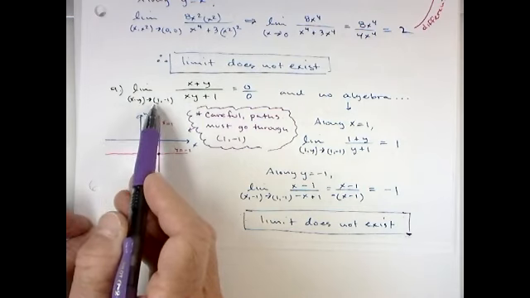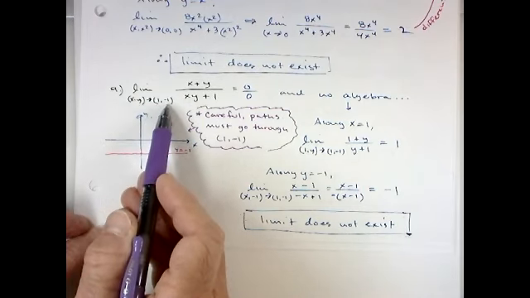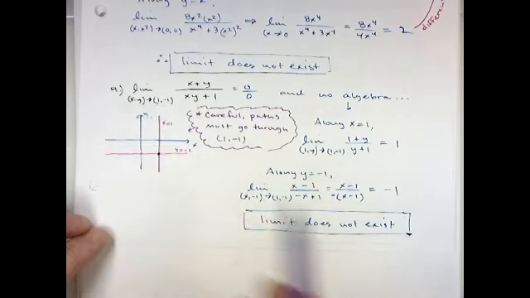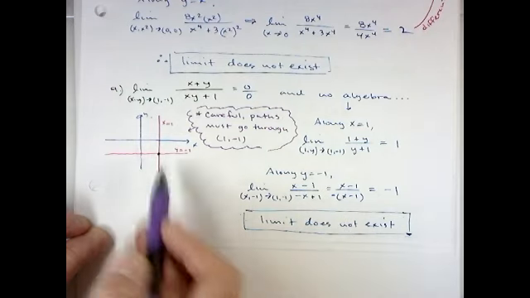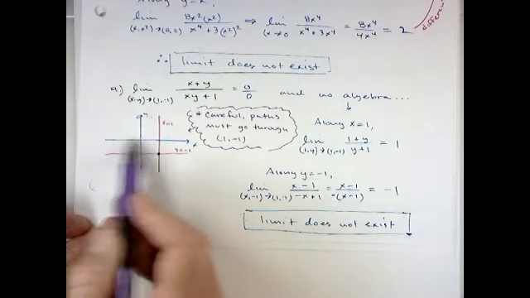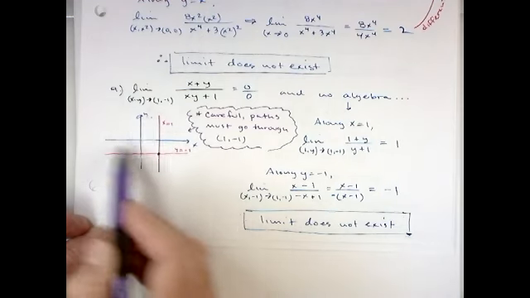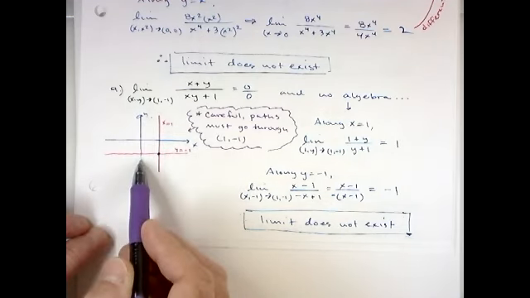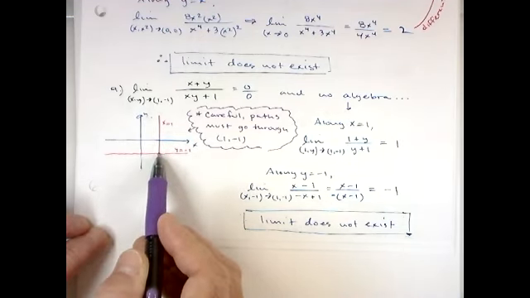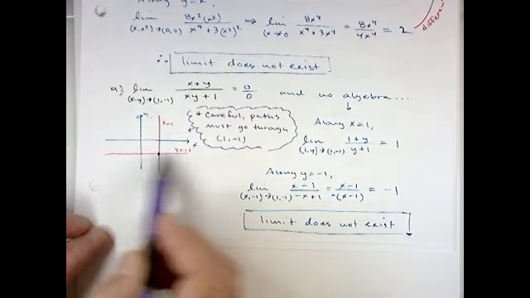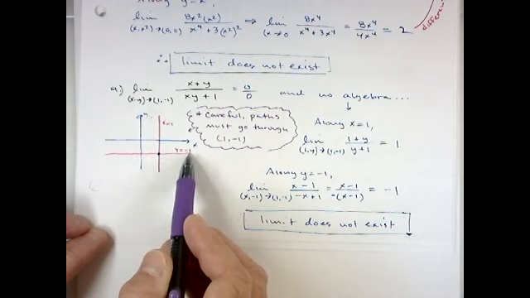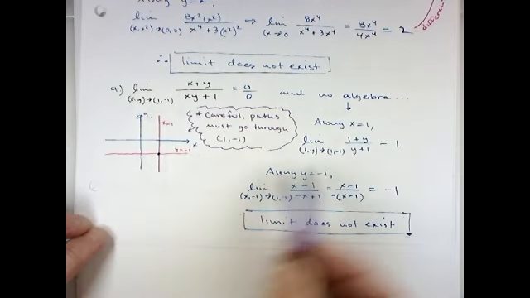But notice x and y are not approaching 0, 0. x is approaching 1 and y is approaching -1. So that means you can no longer choose the paths we were choosing before. You can't choose y equals 0 or x equals 0 because they don't go through 1, -1. What does go through there is the line y equals -1 and the line x equals 1.